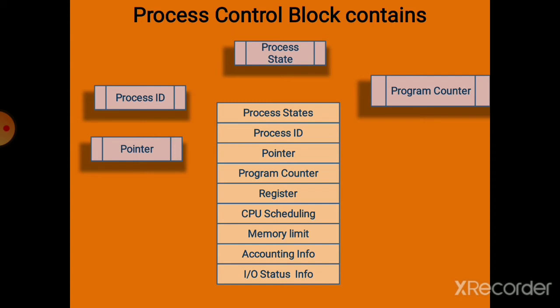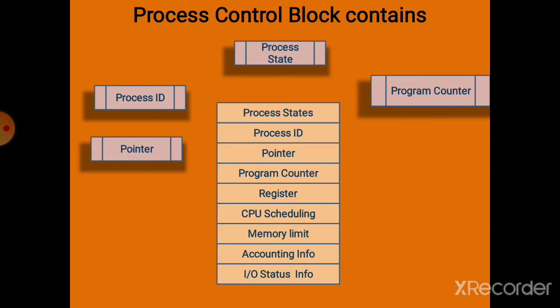The next information is the program counter. The program counter is a pointer to the address of the next instruction to be executed for this process. Which means, which instruction is to be executed next in the process? As we already studied, a process is a program in execution.